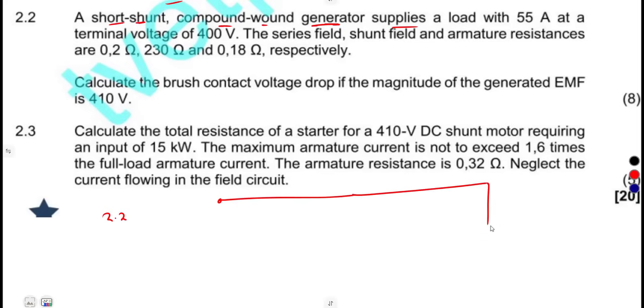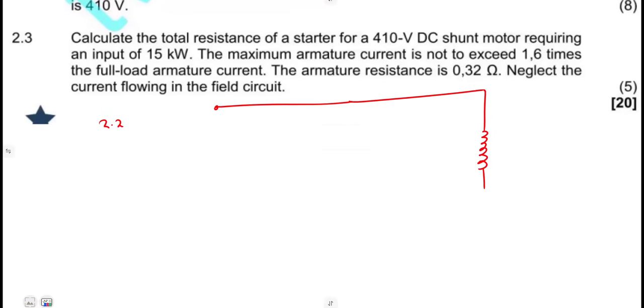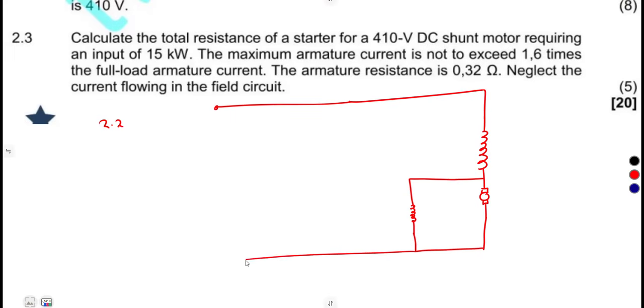So we're going to have the series field, which is connected in this manner to the armature. All right, so that is what you're going to have to the shunt. So this is the circuit of a short shunt, if you do remember well from the notes that you have. All right, so that is our short shunt.